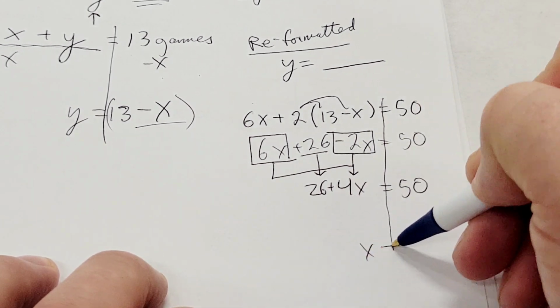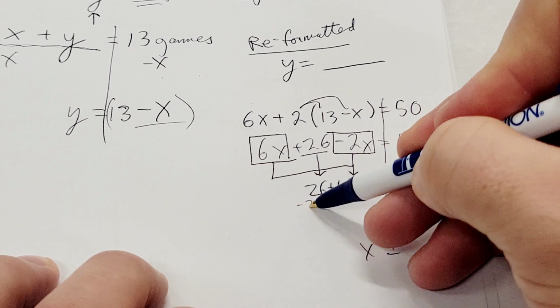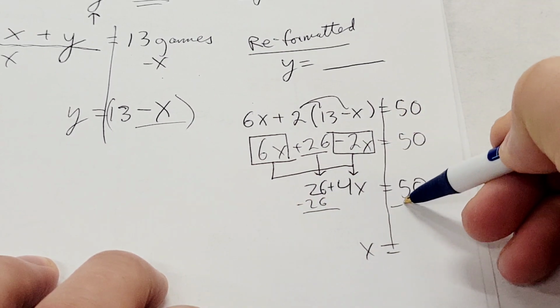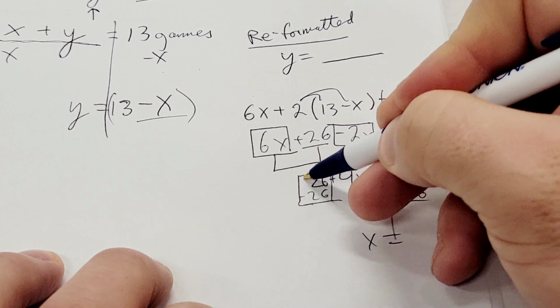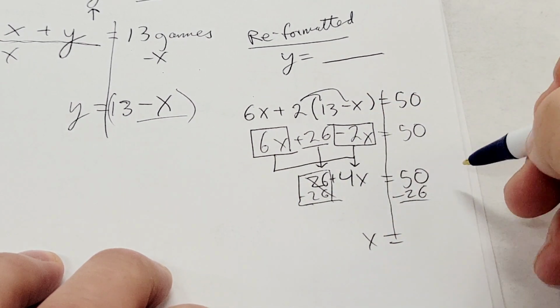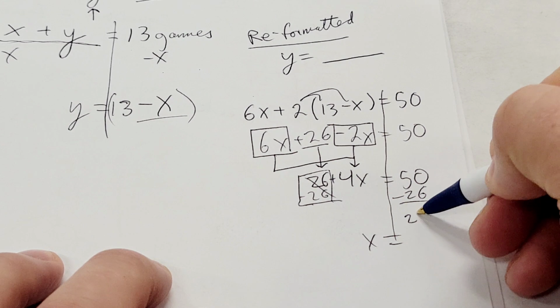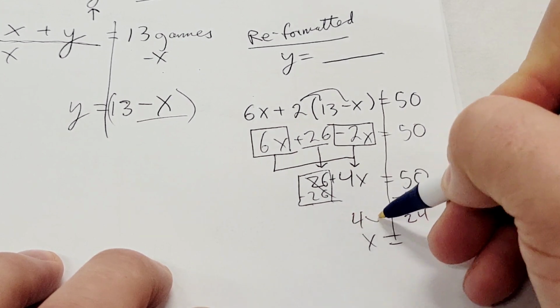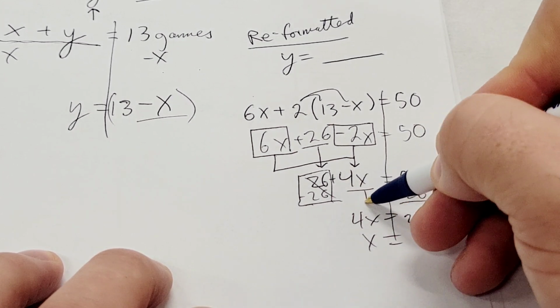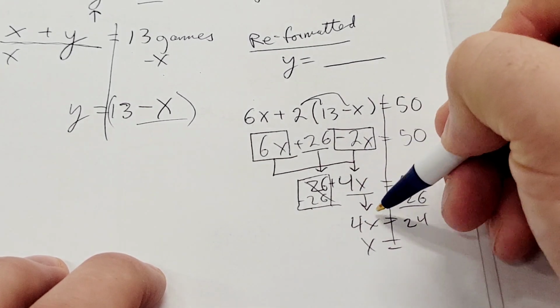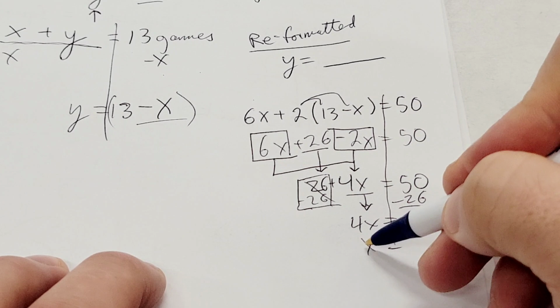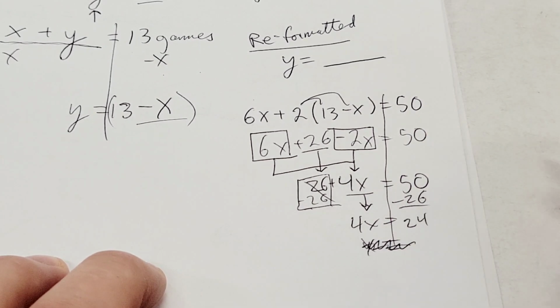I want x by itself in the end here, so I'm going to get rid of my 26 by subtracting. That's a cancel. 50 minus 26 is 24. 4x equals 24. Sorry, I wrote that in a bad spot.